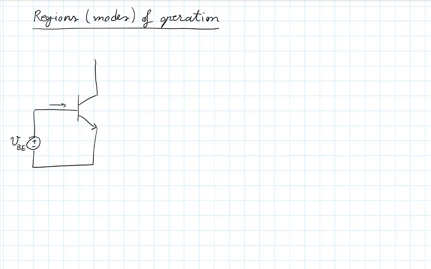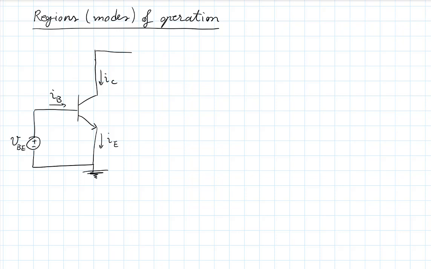I have this base current here, and I have this emitter current here. And I have this collector current here.